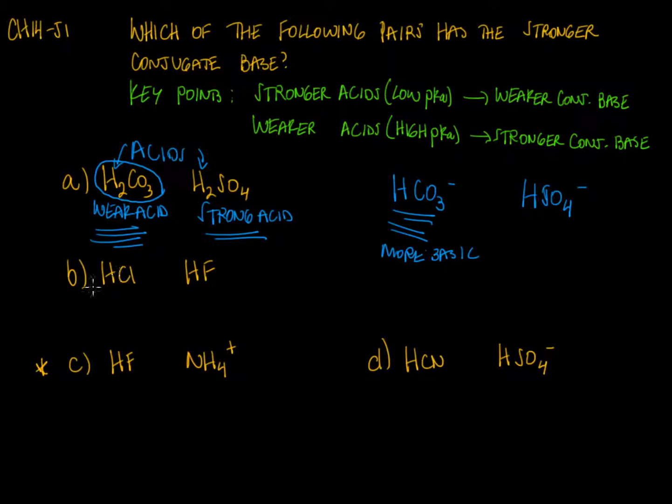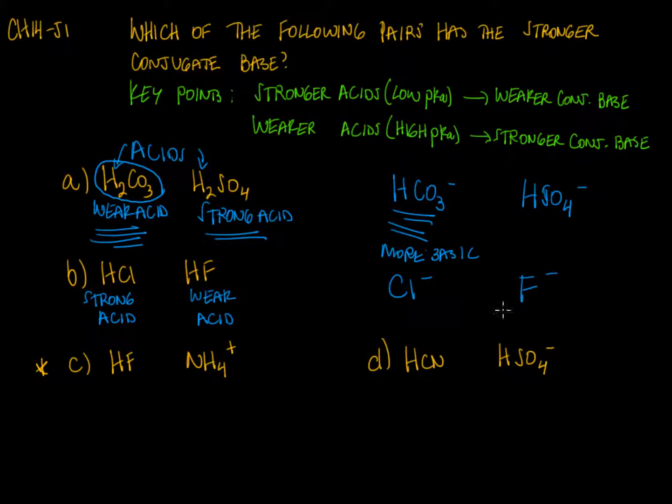Okay, this will become really apparent in this example because we have a very simple thing we're familiar with. HCl is, of course, a strong acid. We use that in the lab a lot in chemistry experiments, titrations, and so on. And HF is a weak acid. We're taught about this, but we probably don't use it in the lab because of its toxicity. HCl forms Cl minus if it becomes the conjugate base, and HF becomes F minus.